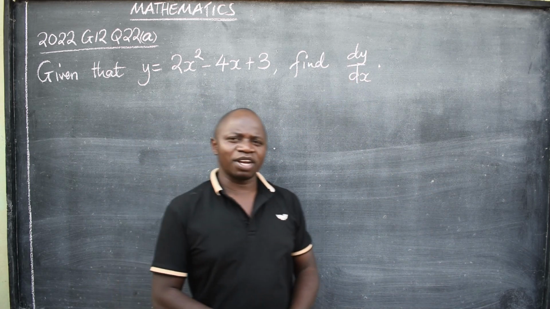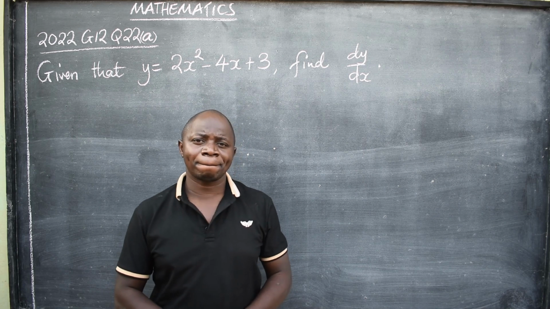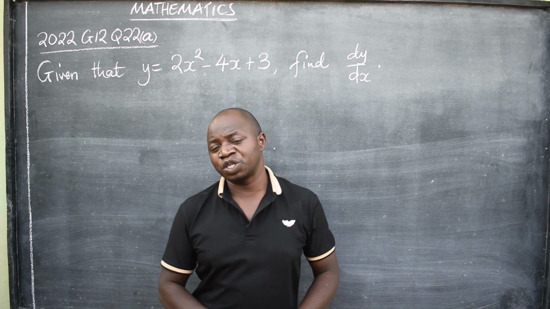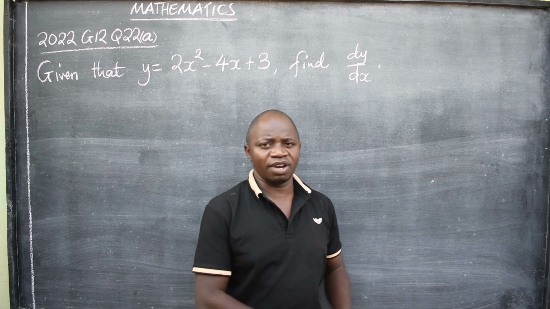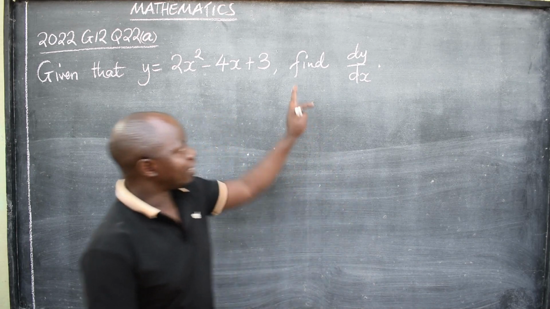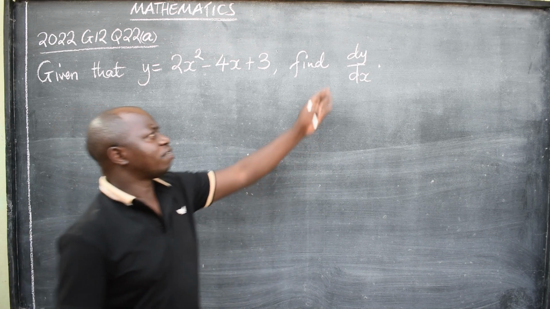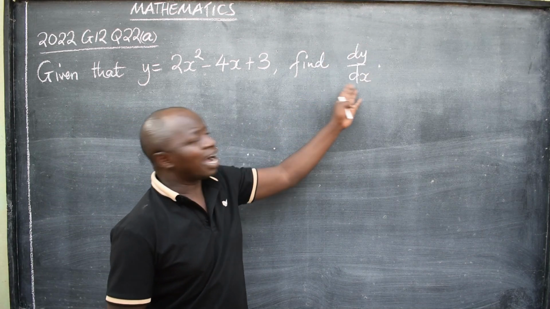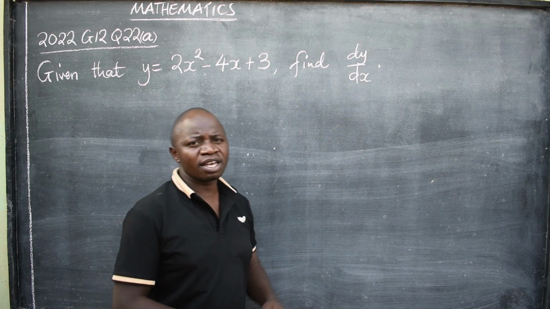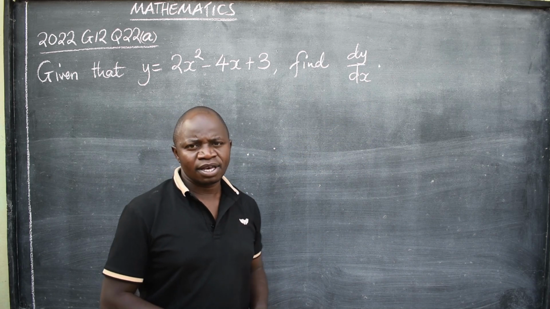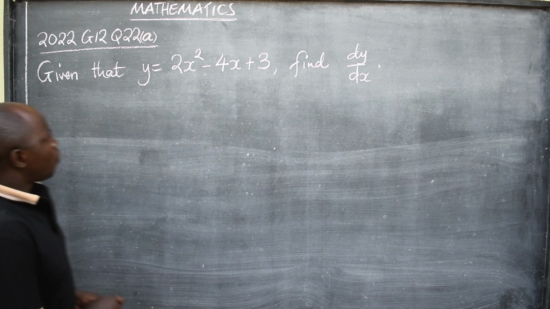Now, what type of calculus are we talking about here? Differential calculus. Remember, we also have integral calculus or integration. So in this case, this is differential calculus. You are differentiating y with respect to x, that is dy/dx.